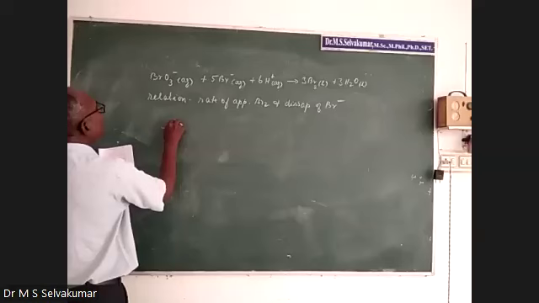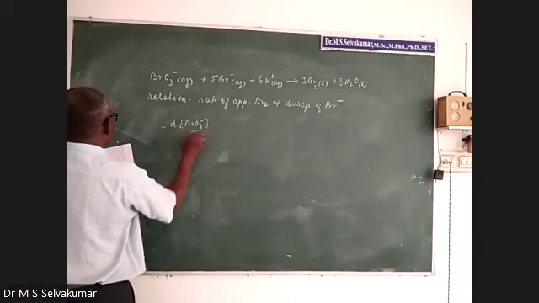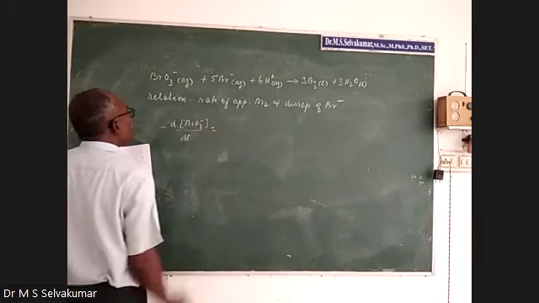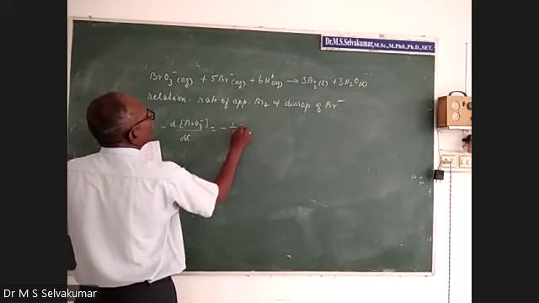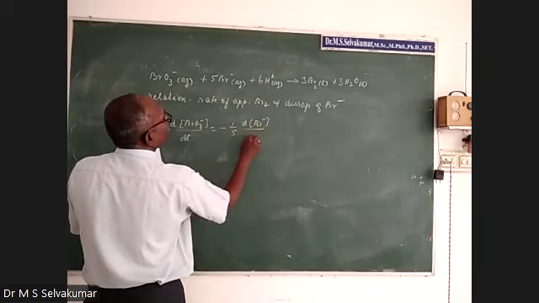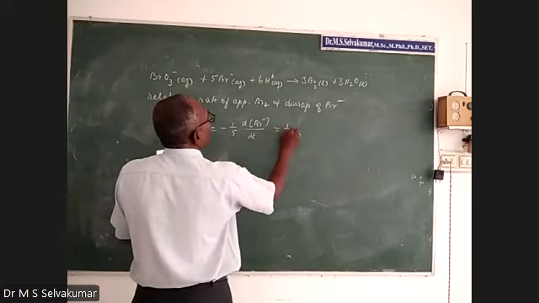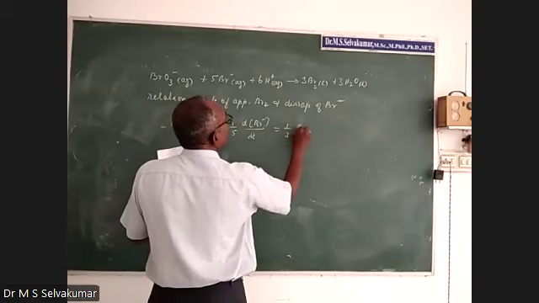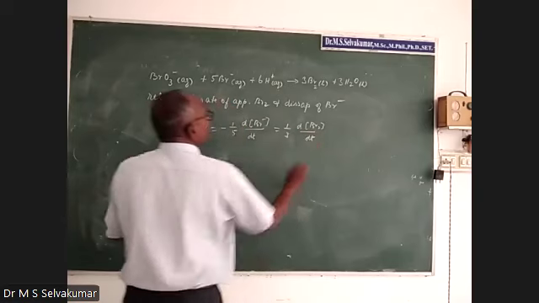It is minus d BrO3 minus divided by dt is equal to minus 1 by 5 d of Br minus by dt, which is equal to 1 by 3 d of Br2 by dt.